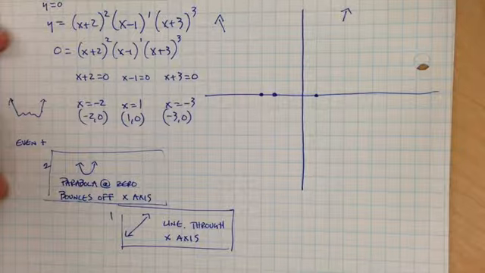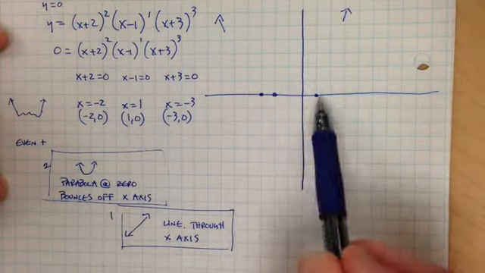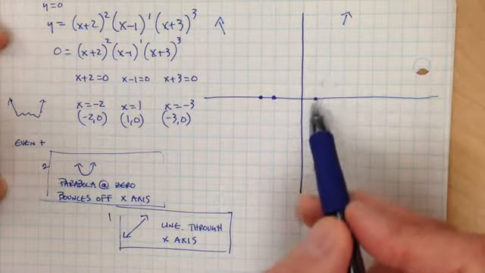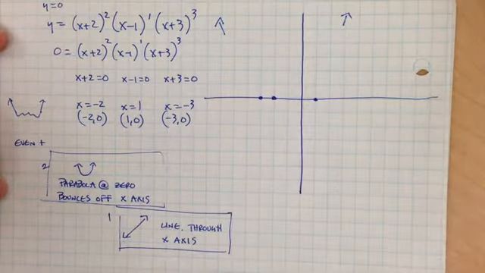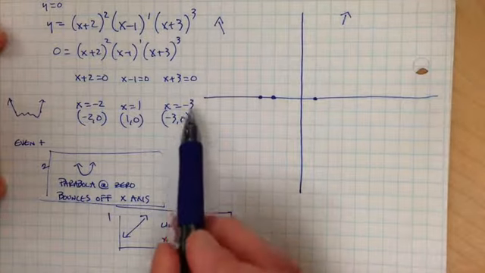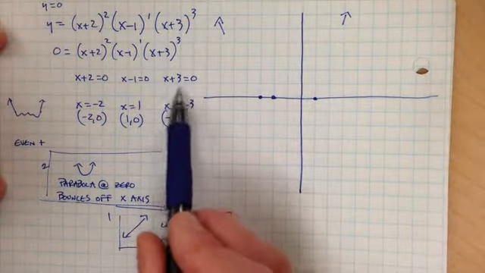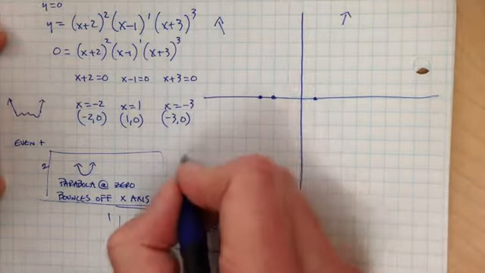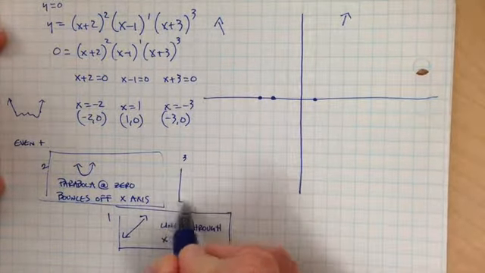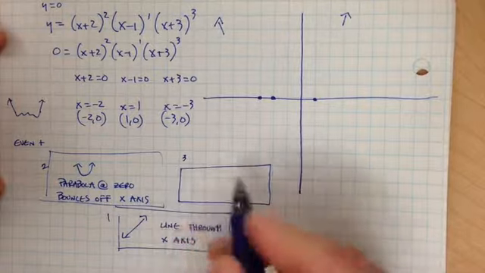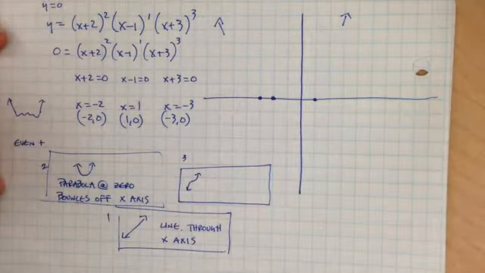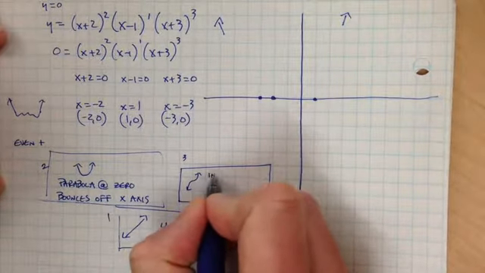Here, at this value of 1, 0, it is going to be going through the x-axis. It will be acting like a line right there, and you're going to see this in action in one quick moment. Now let's look at this one. x plus 3 equals 0, giving us x equals negative 3. My root right there, an exponent of 3 on something, I am thinking cubic. And a cubic has an inflection point.